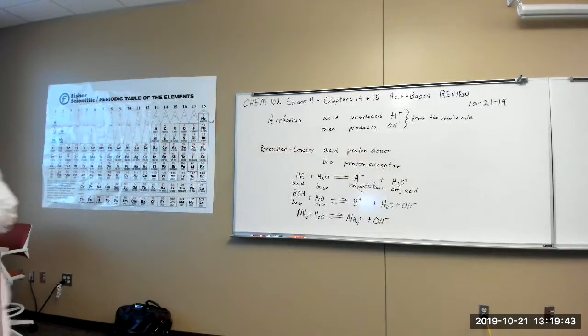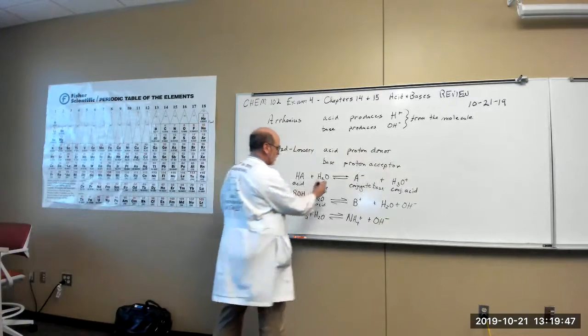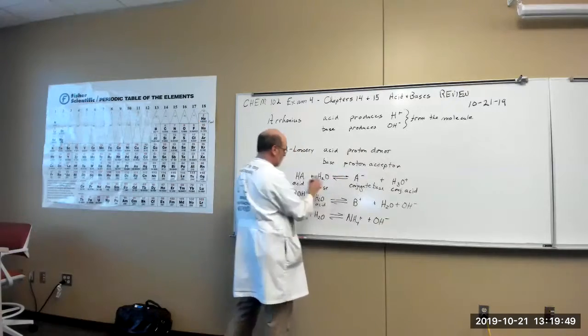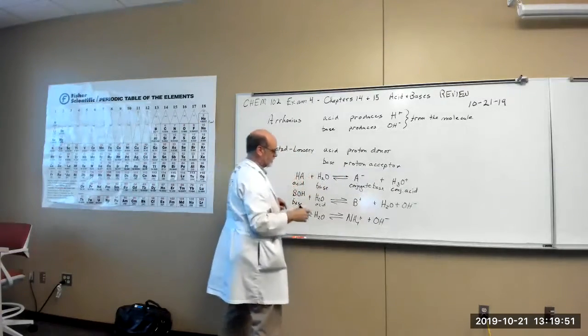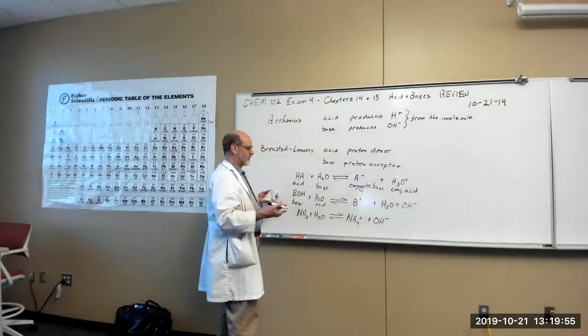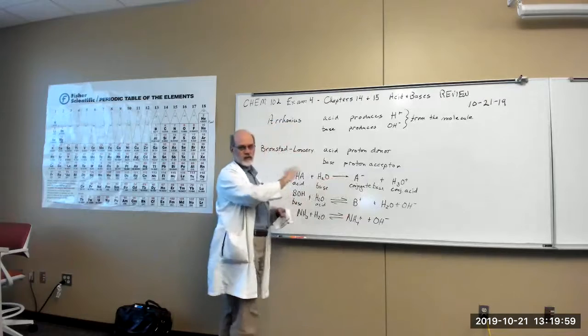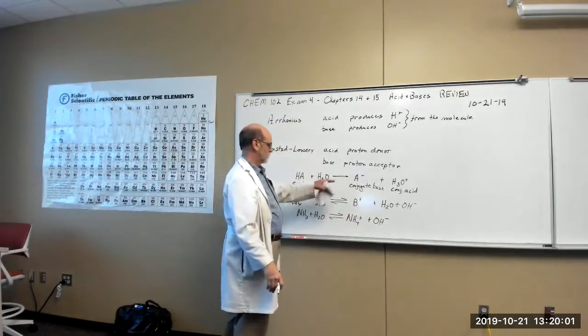Okay, so we can write an equilibrium, right? I wrote the double barbed arrow in here, equilibrium for this acid. Now, if it's a strong acid, what happens? It just goes all the way to one side. Right?